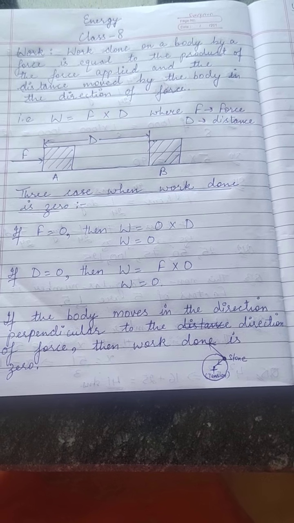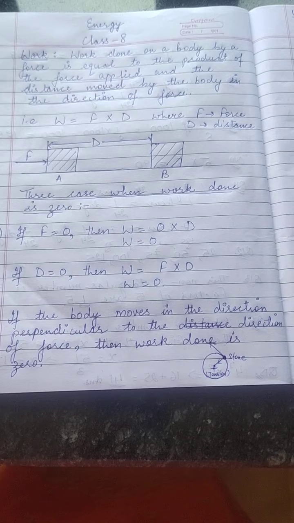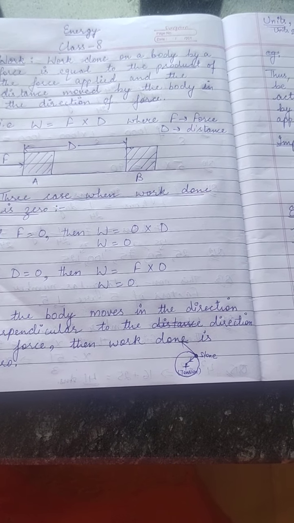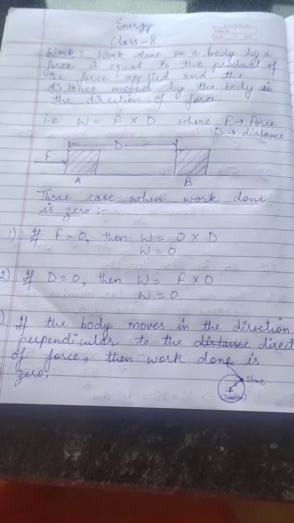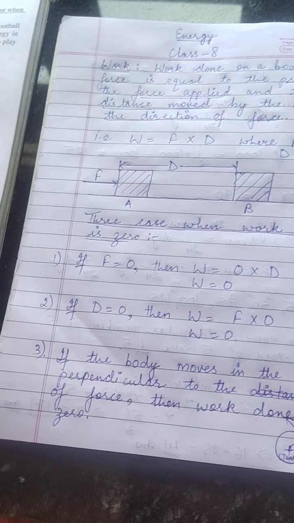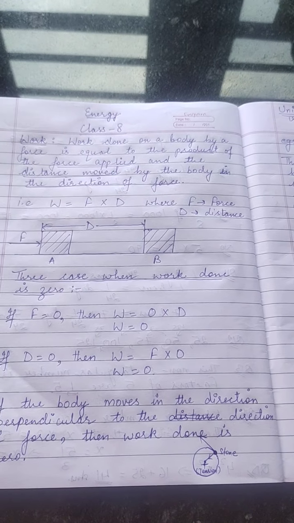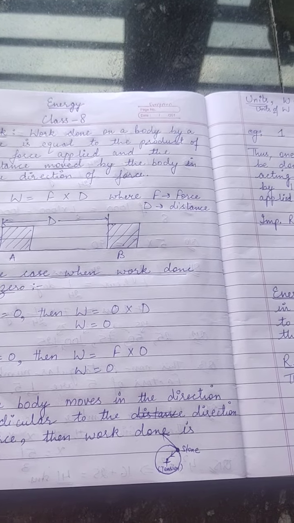And in your book one example is given, that when a stone is tied with a string and the direction of motion of that stone is perpendicular, that's why the work done by the force of tension on the stone is 0.